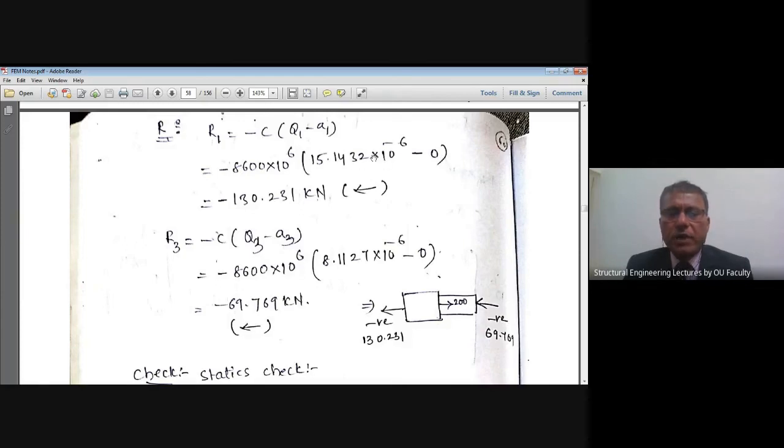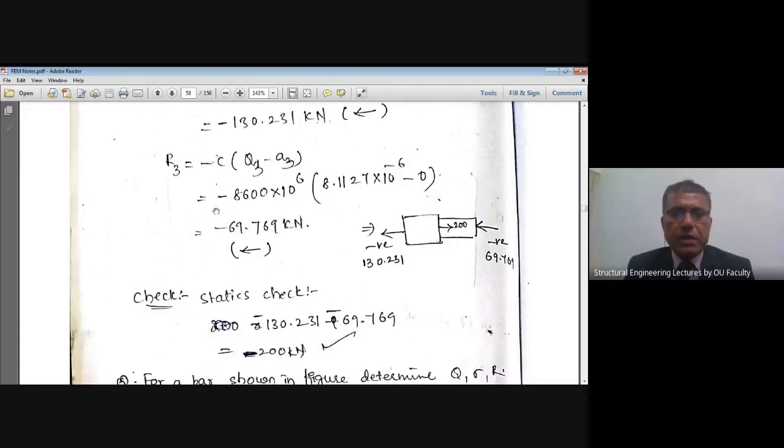If that is 0, then 0 minus 0 means there is no reaction. Don't neglect that, because I am multiplying it with a huge stiffness. A small displacement with huge stiffness will lead to a reaction force of 130.23 times 10 to the power 3 newtons, or 130.23 kilonewtons, which is minus, meaning acting in the left direction.